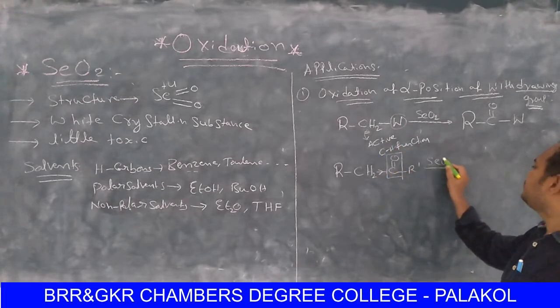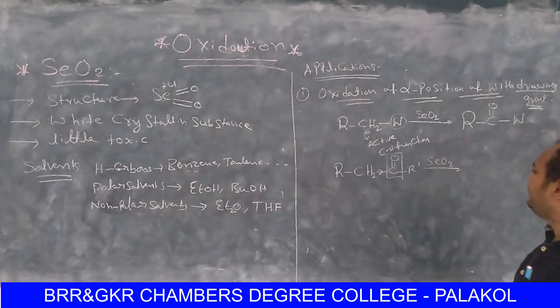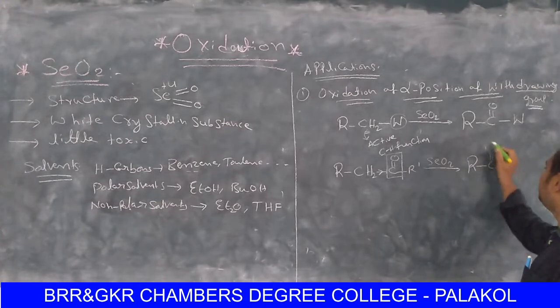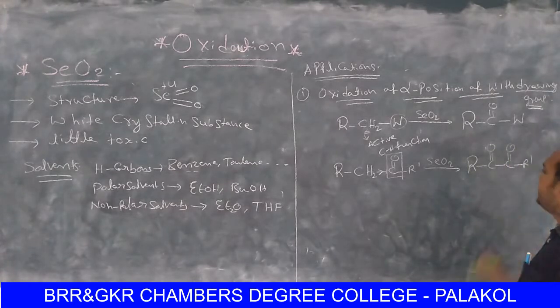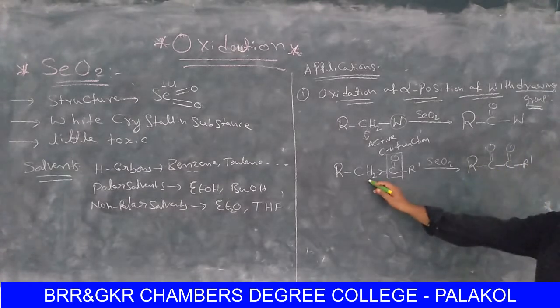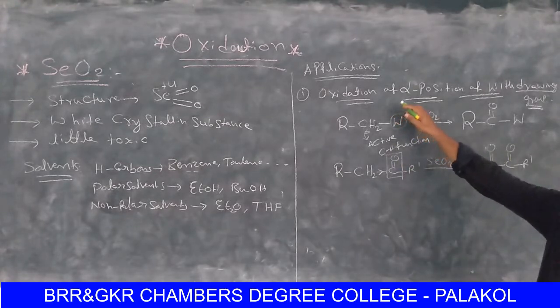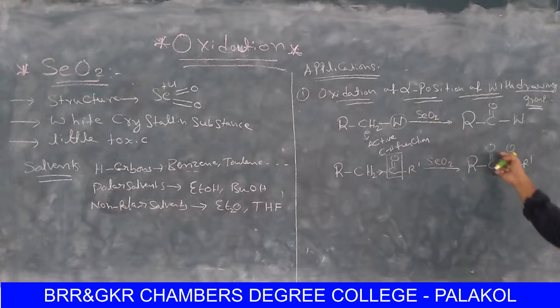So whenever we use SeO2, CH2 is converted to C double bond O R dash. Whenever we do oxidation of the alpha position of a withdrawing group, we get carbonyl compounds.